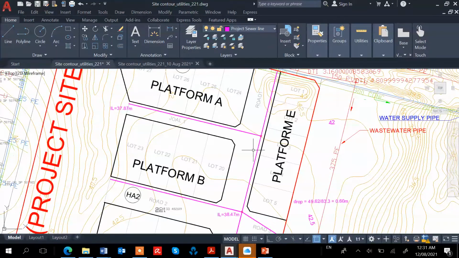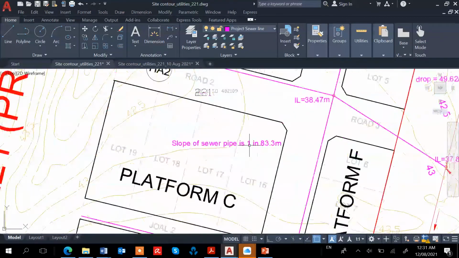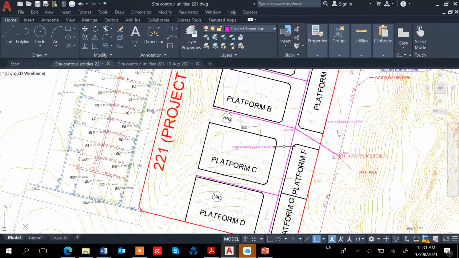Because we need to find the invert level here, we need to find this point here, since it's all joined, assuming we maintain the minimum slope of 1 in 83.3.